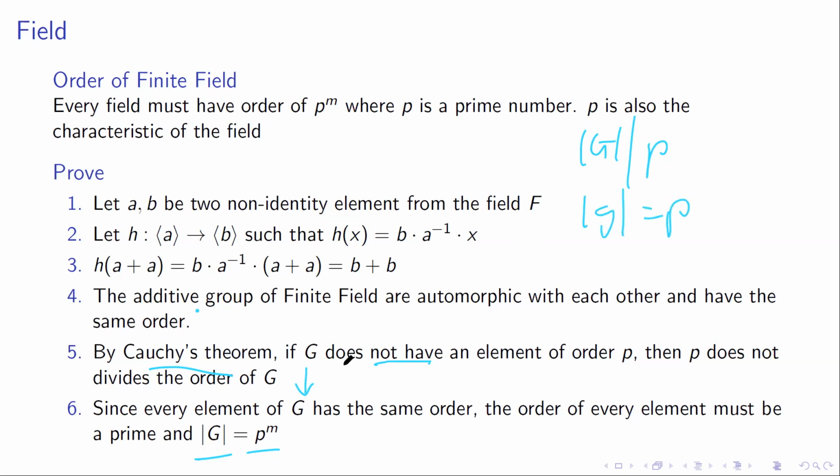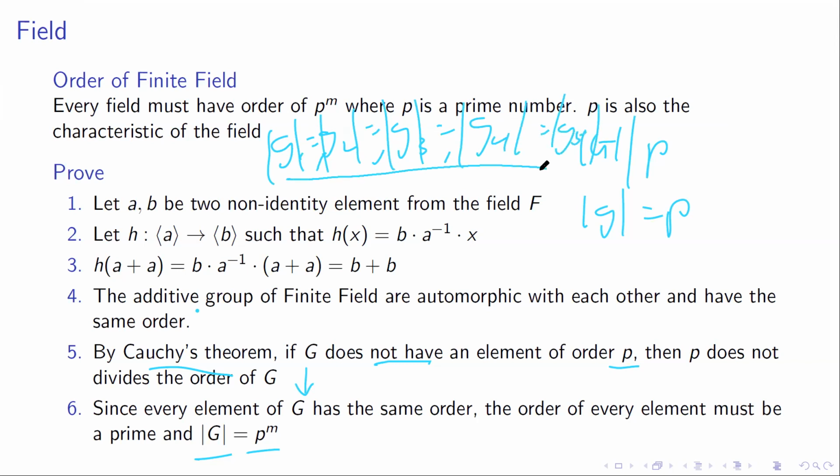So I just invert it: if G does not have an element of order p, then p does not divide the order of G. And every element g1, g2, g3, and so on all have the same order because they are all isomorphic with each other. Due to this fact, we know that the order of the group must be a prime power. It cannot have another prime, because that would contradict the fact, based on Cauchy's theorem.